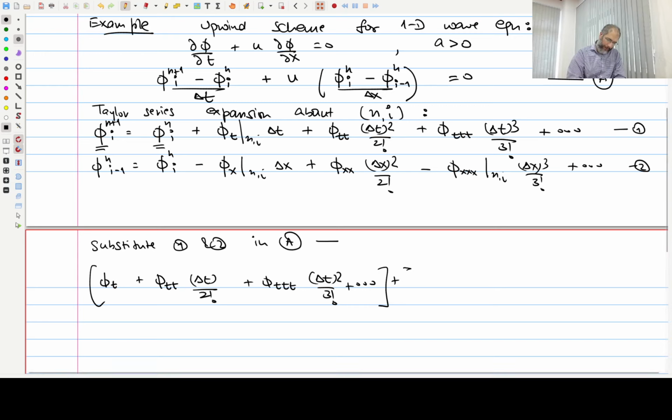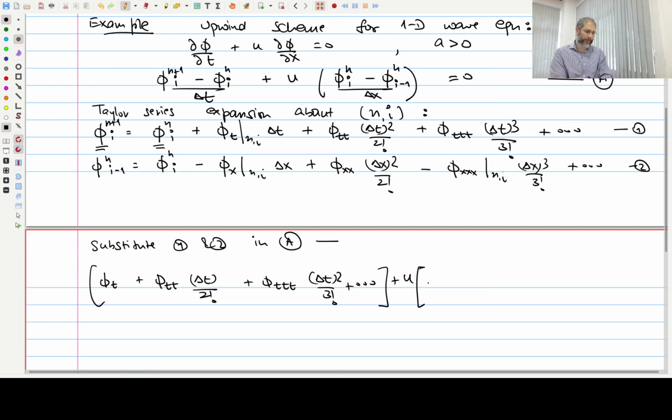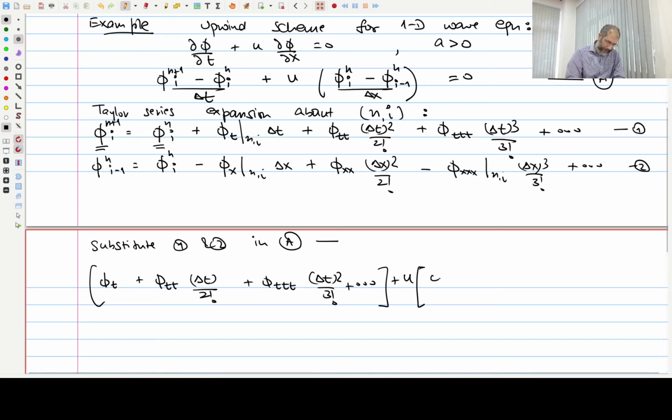And then we have u, the velocity, times phi n i minus phi n i minus 1 upon delta x. For that I use equation number 2. I move phi n i to the left hand side, well, the other way around, and we divide by delta x as well. So we get a positive term first.